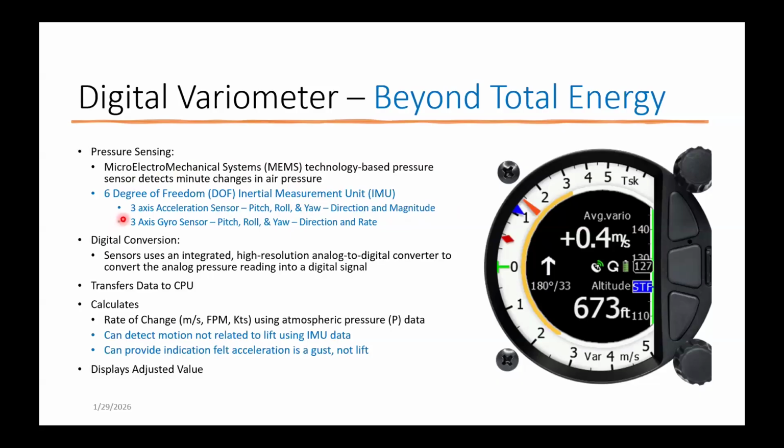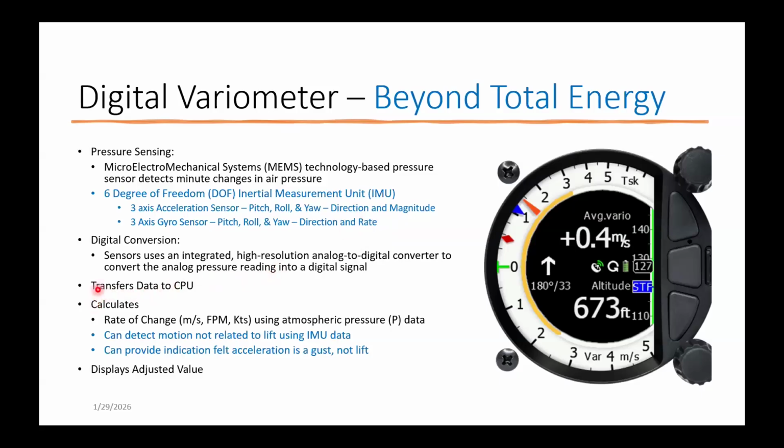And then we have a 3-axis gyro sensor, which I'm translating away from X, Y, and Z coordinates into pitch, roll, and yaw, so that you're thinking about it from a glider's perspective. So that's number 4, number 5, and number 6. That's the 6 degrees of freedom that are being measured. And then in this case, we get direction and rate. So this is how hard we got pushed, and this is how fast we're changing.